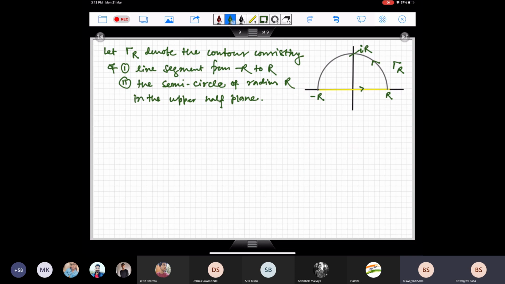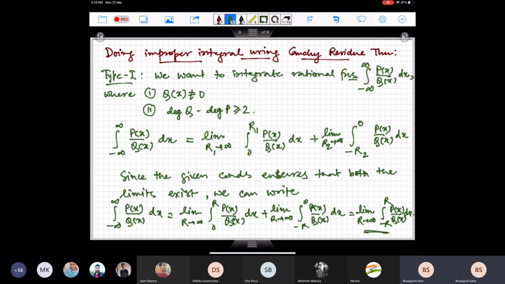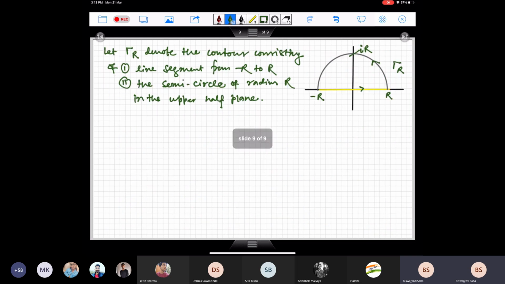Okay. So now, of course, I need to integrate px upon qx from minus r to plus r. On this contour also, I am going to integrate the same function.